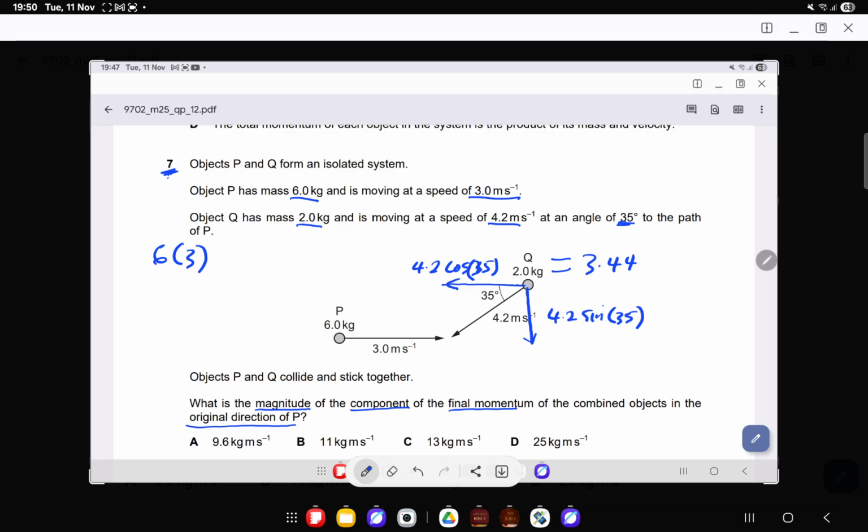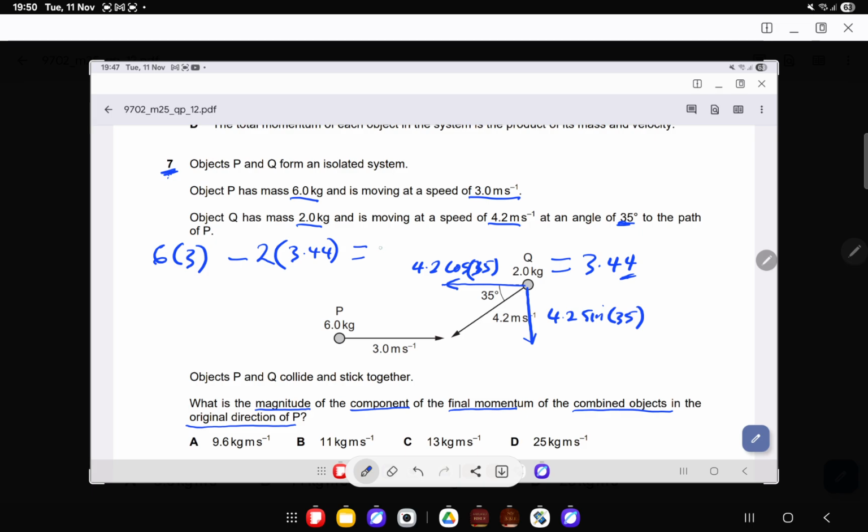So it's going to take the opposite sign. So that will be minus 2, which is the mass, times the velocity of the horizontal component, which we have found here to be 3.44. It must be equal to the final momentum of the combined object.